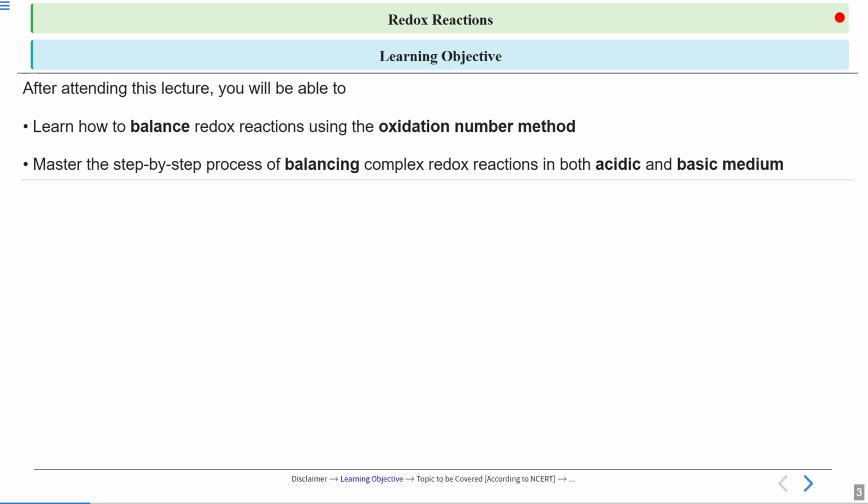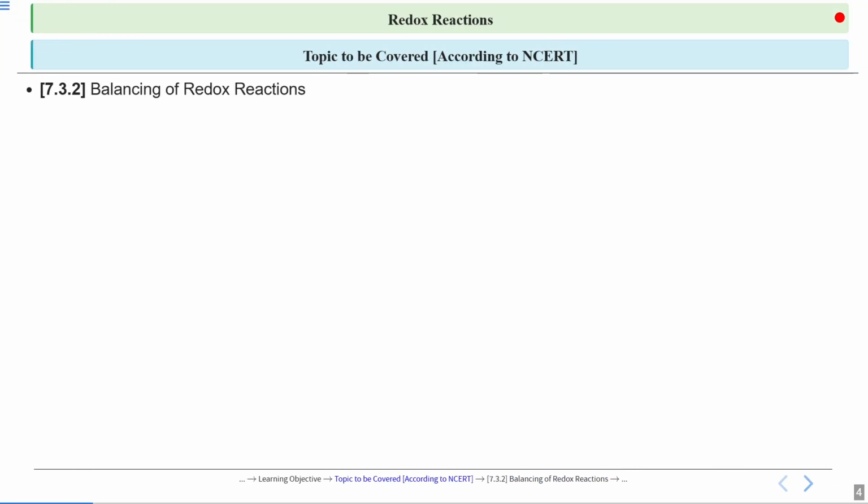Now moving ahead with the topics that are going to be covered in this lecture according to NCERT. So this is 7.3.2, that is balancing of redox reactions. In this balancing of redox reactions, we will use the oxidation number method.